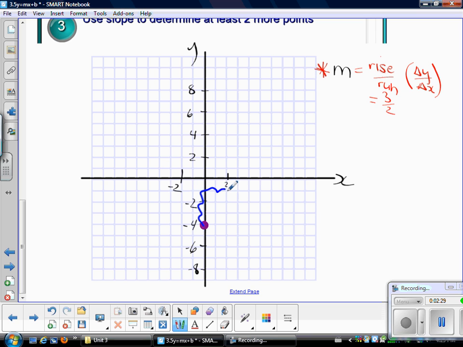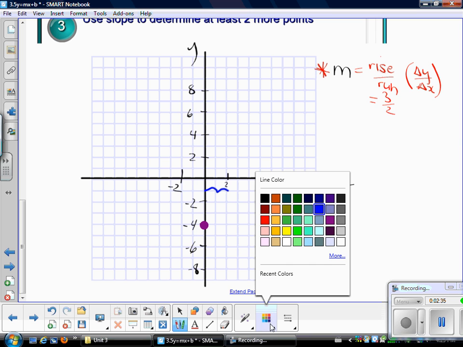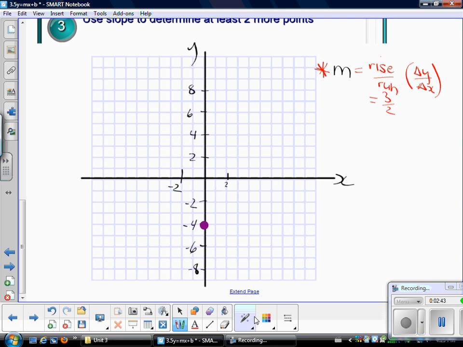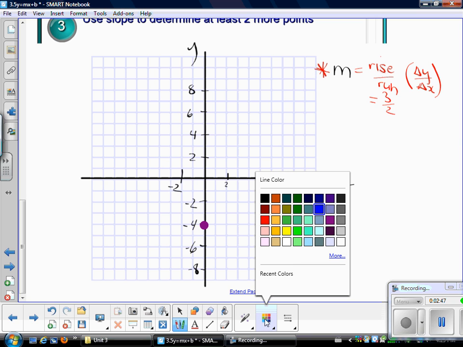So my point is at 2, -1. So out comes my point again, and we're going to choose purple. Here it was here.